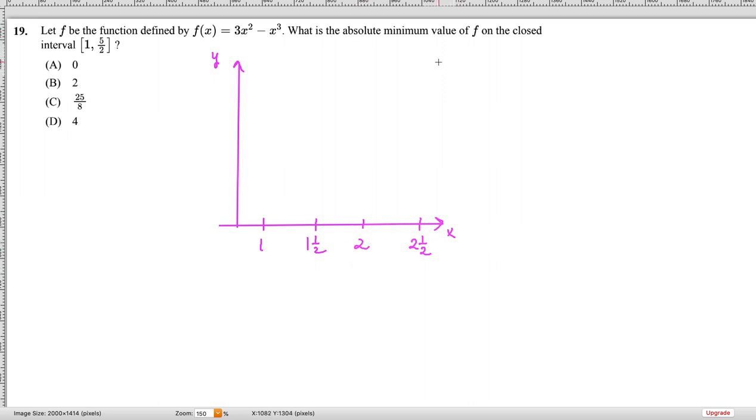Why? Because I knew beforehand that f prime of x, right? So I differentiate this value to find any possible critical value.